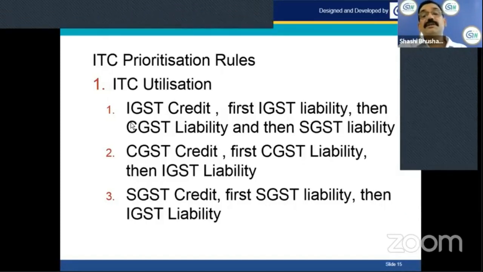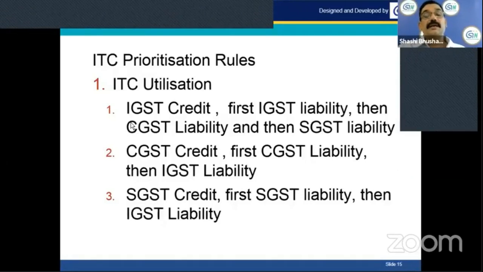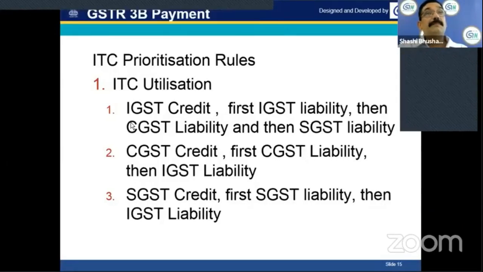Similarly, CGST credit has to be first utilized for CGST liability and then IGST liability, and similar is the provision for SGST credit. Now, these utilization rules have been built into the application, and you have to be cautious while furnishing these details. Otherwise, during the validation, the system will throw an error.